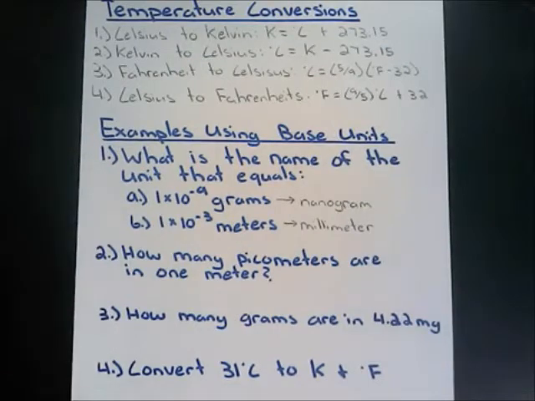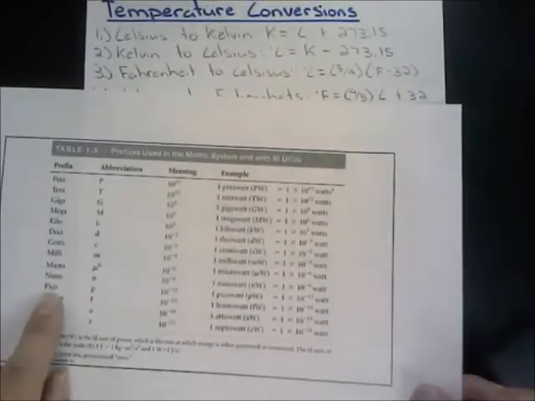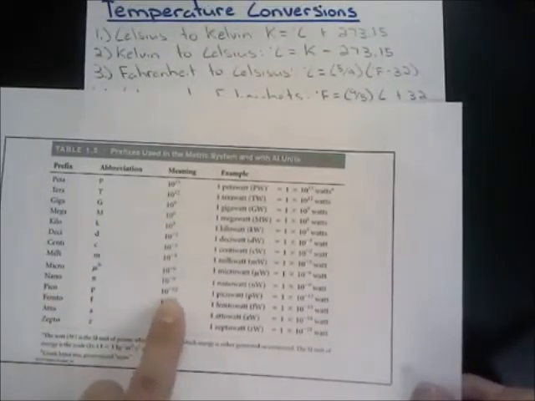Now down here, we want to know how many picometers are in 1 meter. So again, what we do first, almost the reverse process, we go down, we find pico. Then we see here, the meaning of that is 1 times 10 to the negative 12th.